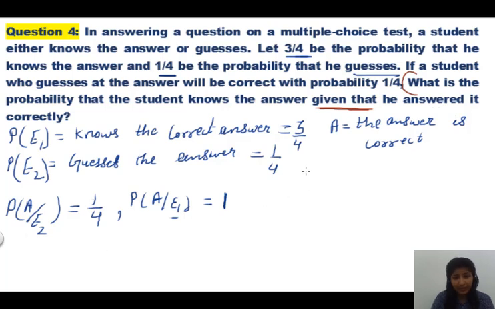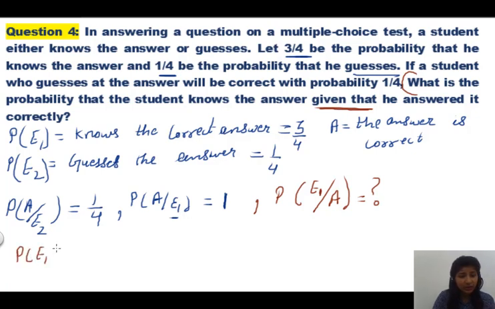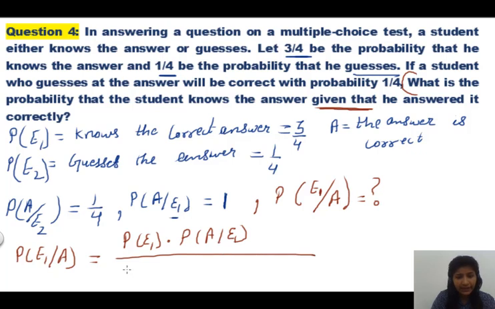So you have to find out probability of what? That he knows the answer, E1, given that he answered it correctly, A. So P of E1 given A. As I told you the formula for Bayes theorem, we are going to write the favorable case of it in the numerator: P of E1 into P of A given E1, the reverse probability, divided by the total probability, that means both the cases.